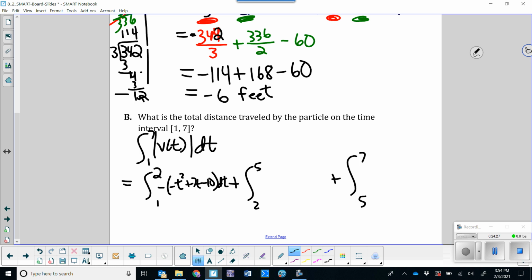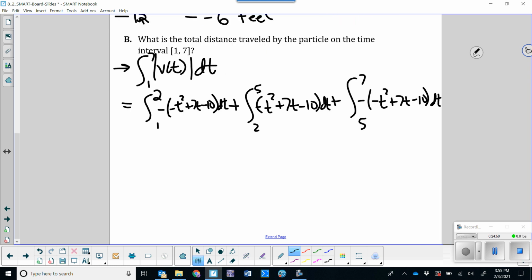Okay, and then from 2 to 5, it's going to be positive because it's a parabola that opens down, so it's pretty easy for me to tell it's going to be positive here. So I will actually integrate the function as given. And then from 5 to 7, I know it's also going to be negative, so I will do the opposite of this function. Now with a calculator, you would literally just have to enter that using the function in there for velocity. But if I don't have one, I'd have to do all this by hand.